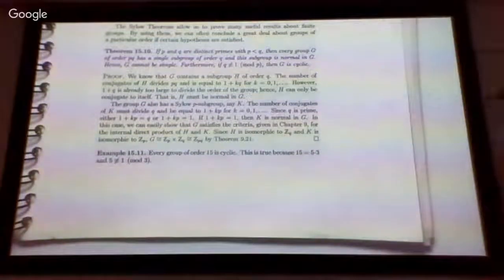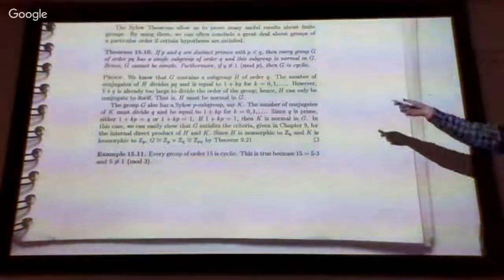So, he's skipping details there. I'll show it to you. So the number of Sylow p subgroups, I was about to call it k subscript p, that would be terribly confusing.